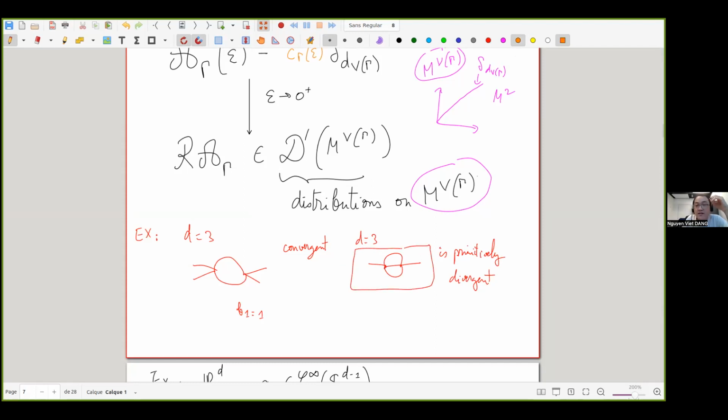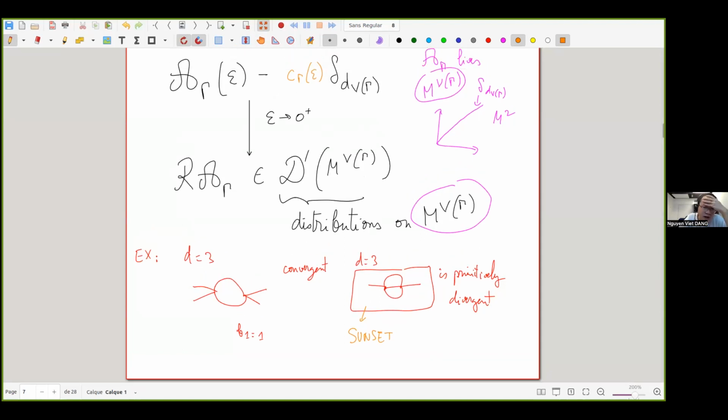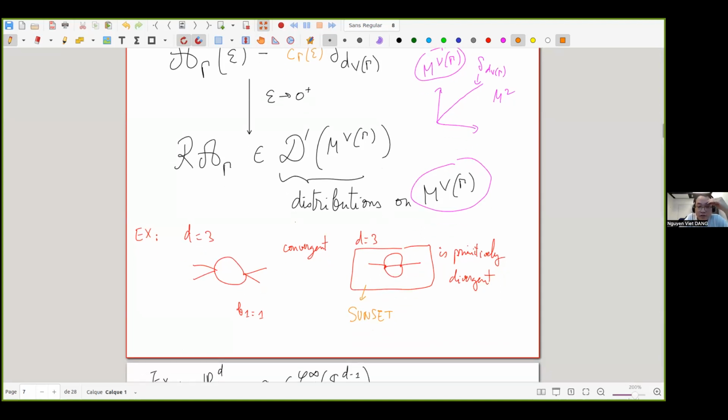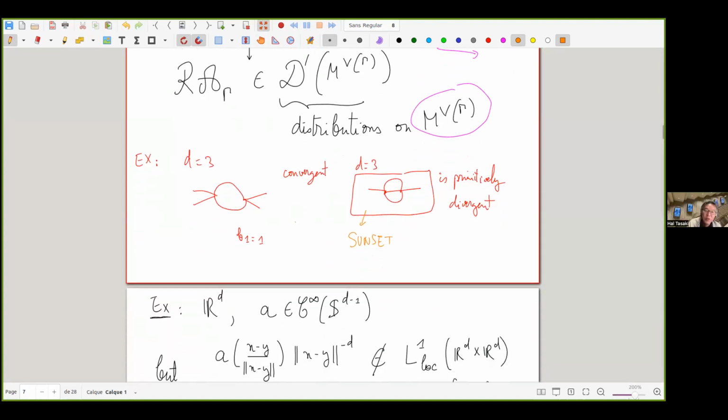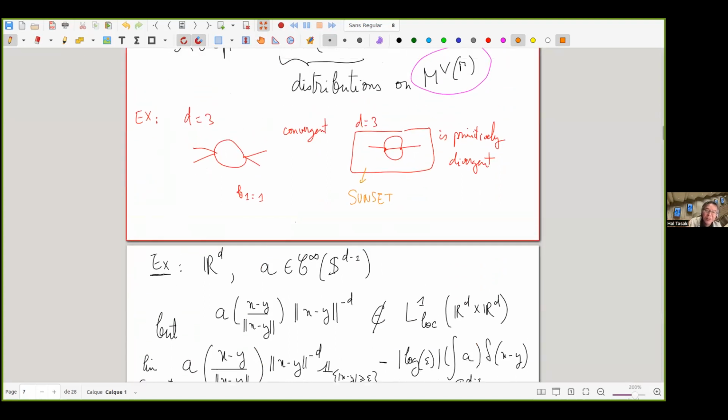So this graph here has a funny name. I don't know why, but it is called the sunset graph. And it plays an important role in the Phi43 theory, because it describes one of the counter terms that you are going to subtract when you construct the Phi43 measure. You certainly see the horizon and the sun there, right?